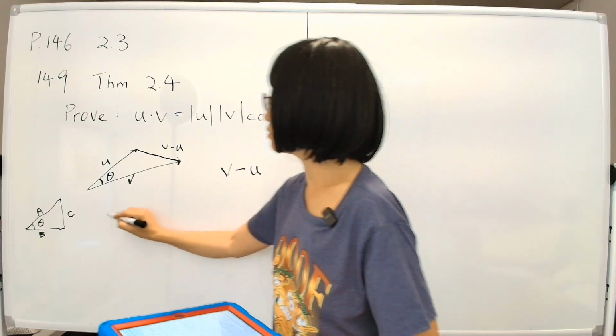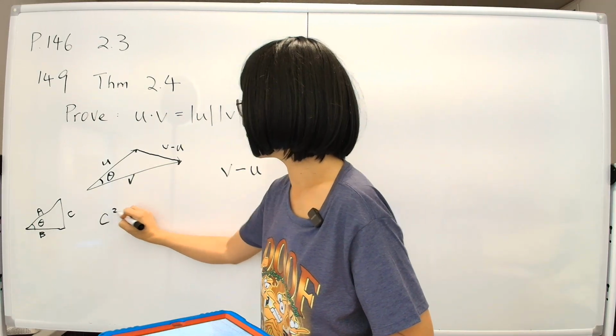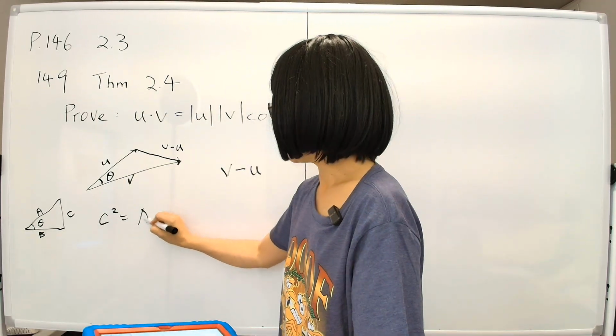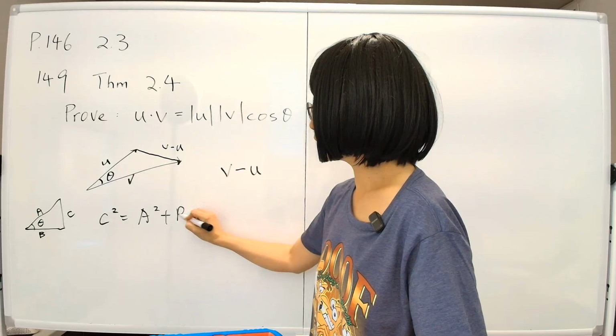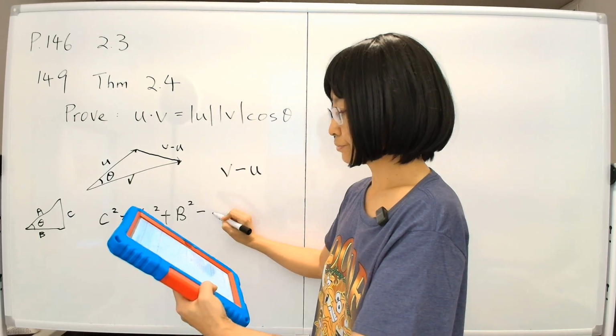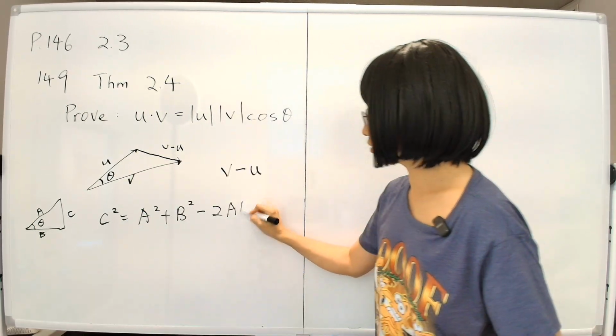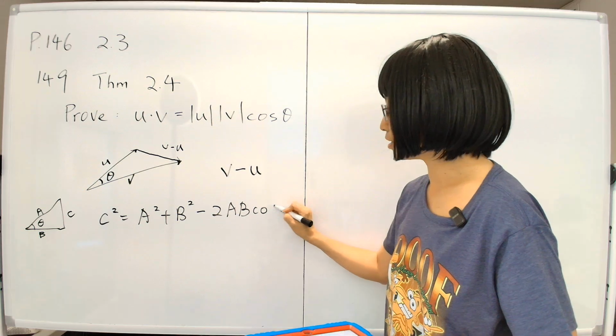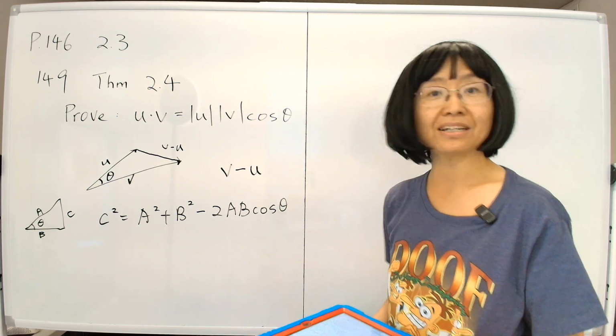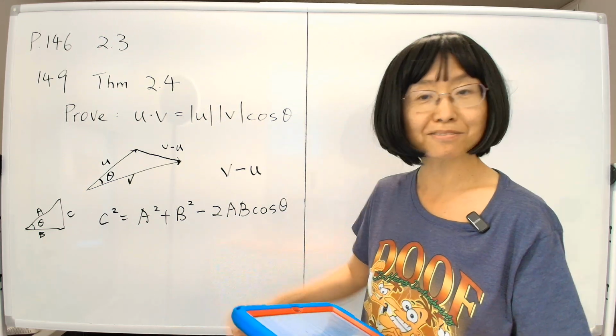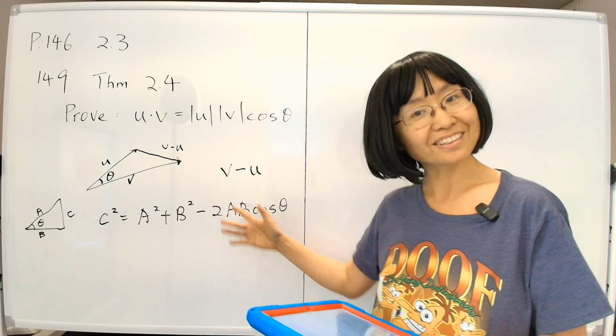So the law of cosines states that C squared equals A squared plus B squared minus 2AB cosine C. That is the good old law of cosines. If you don't remember it, just believe me, this is what it is. It sounds familiar because it's right.